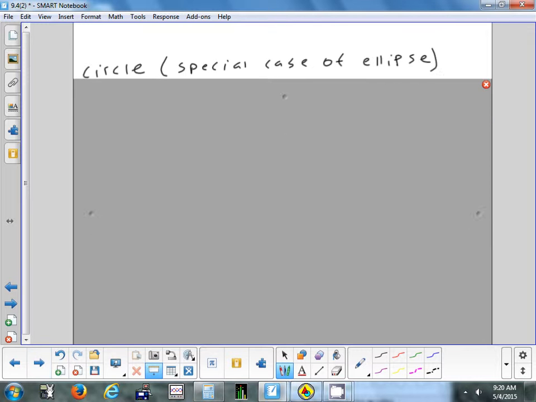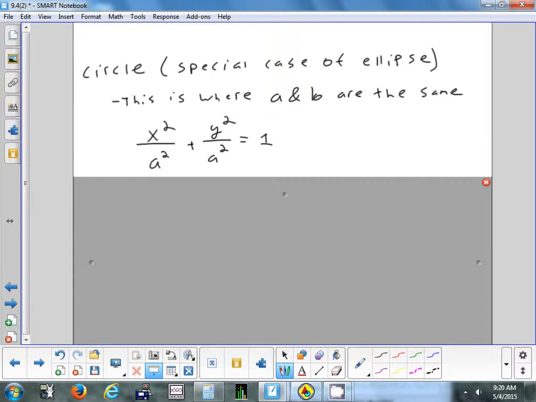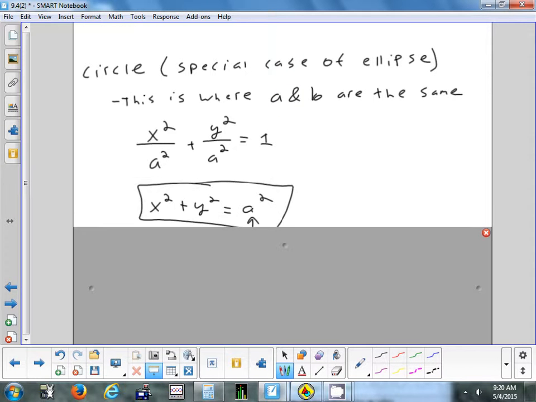All right, so this is a special case about a circle. Basically, a circle is an ellipse. It's just a case where both the denominators are the same. What they usually do when they write it as a circle, they multiply everything by a squared and move it to the other side. So you have x squared plus y squared equals a squared.